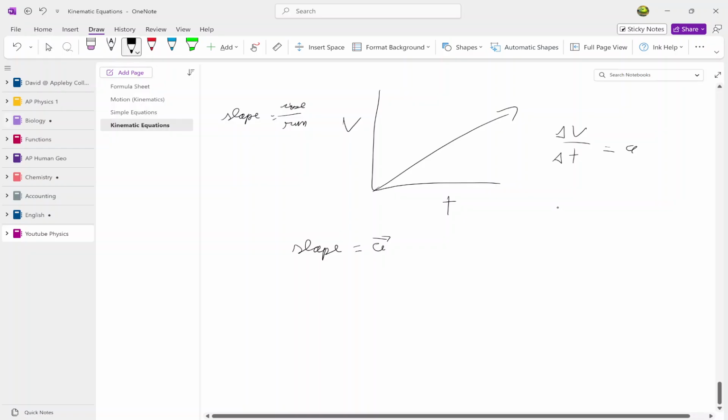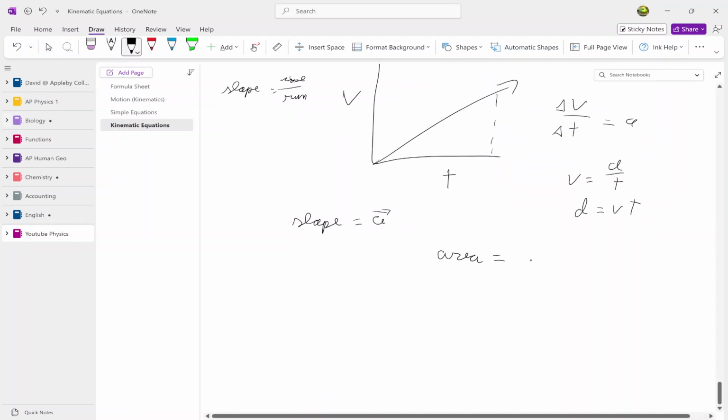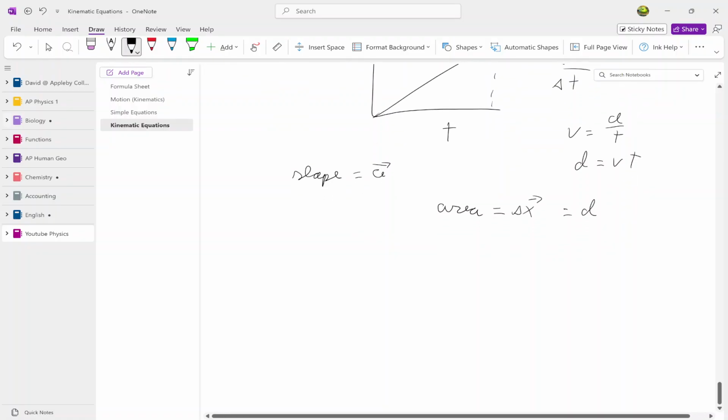So V equals D over T, D equals V times T. So the area of a velocity time graph will give us the displacement or position, really, right? So the change in position.